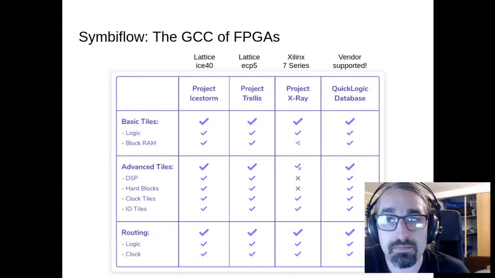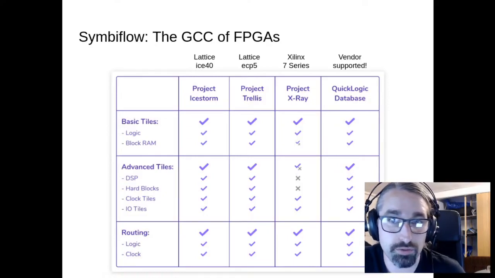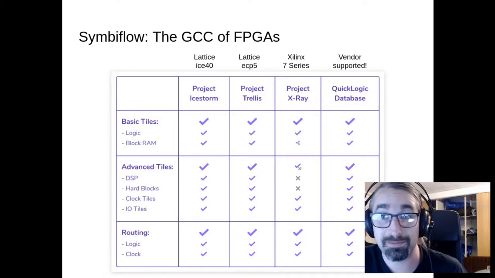Here is the matrix of what is supported, and you can see that there are basically 3 FPGAs that are fully supported. There's the ICE40 and the ECP5 from Lattice, all of this done through reverse engineering. QuickLogic, which is not the biggest manufacturer of FPGA, decided to just provide all the documentation that is needed for implementing Symbiflow, and I think they've been contributing themselves, so pretty good.